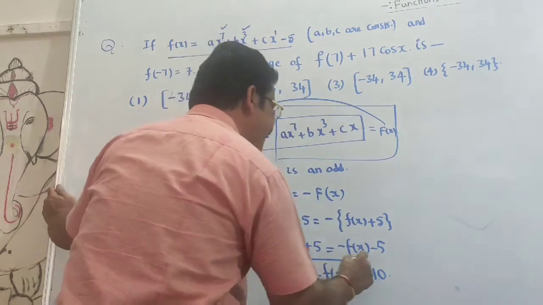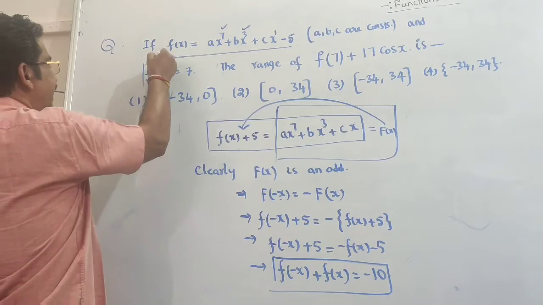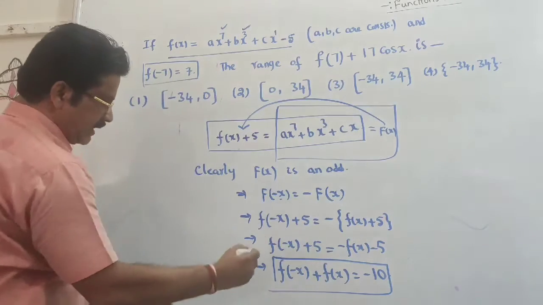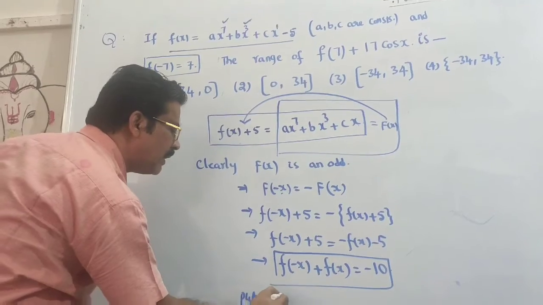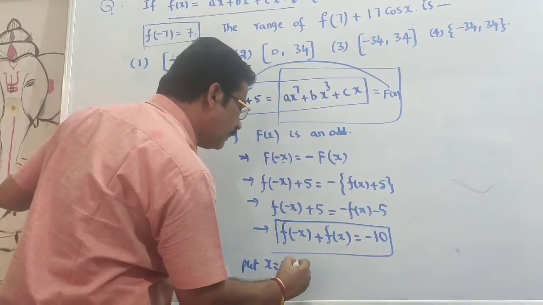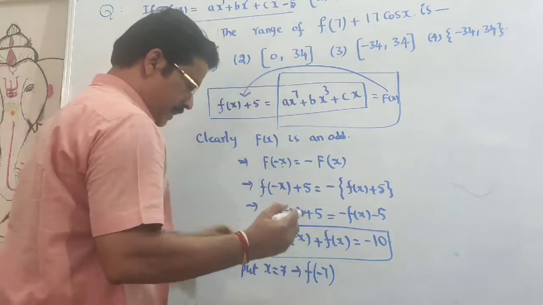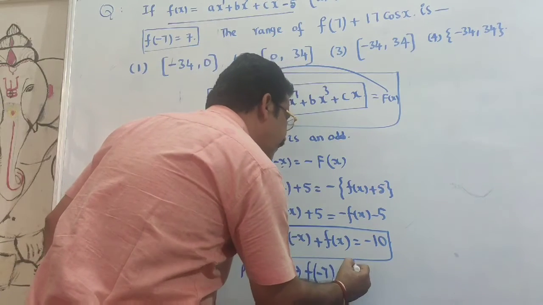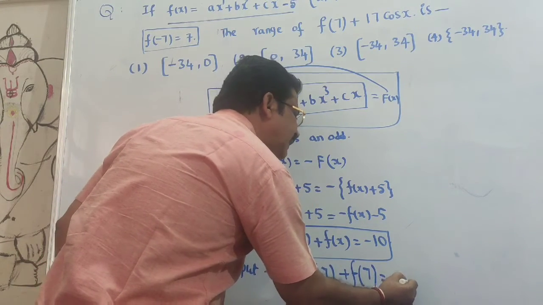Here we are having f of minus 7 value also, so we put x equal to 7. Then f of minus 7 plus f of 7 equals minus 10.